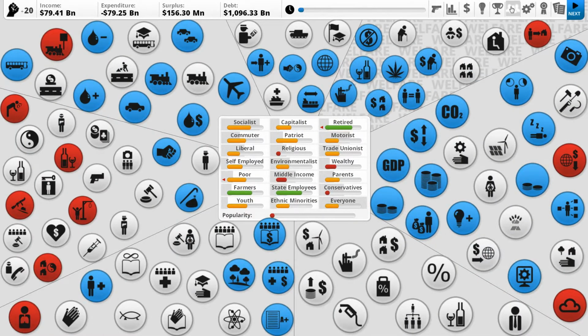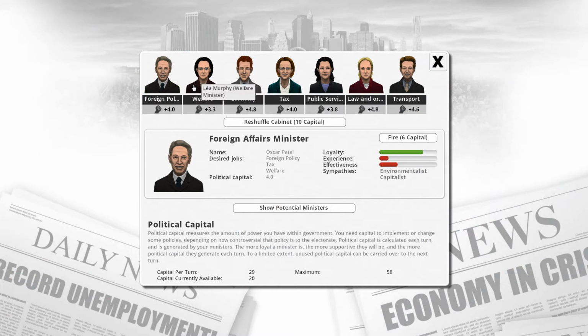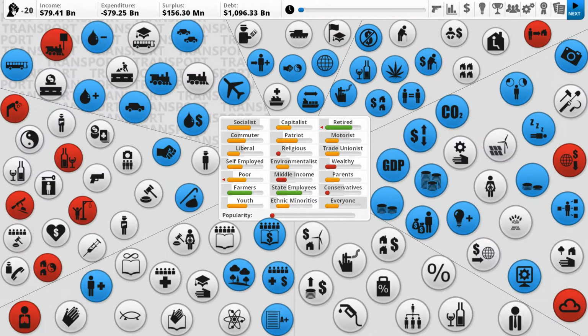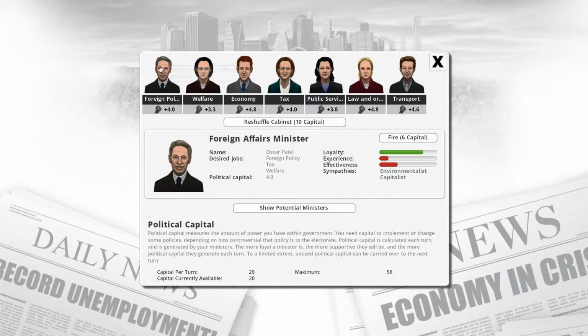Let me show you how you get points here, first of all. This is our cabinet, and depending on how much each of them likes us, we get a different amount of, what was that called again? Political capital from them. This guy's giving us 4, she's giving us 3.3, 4.8, and so on.